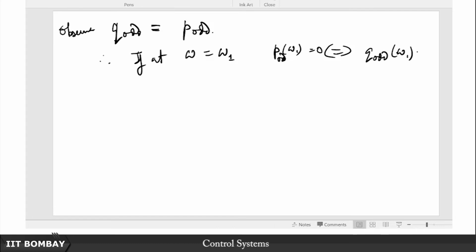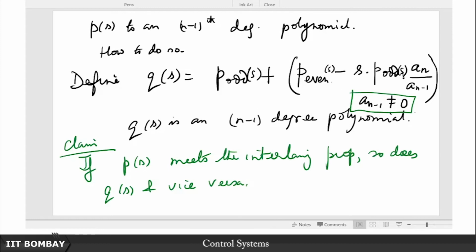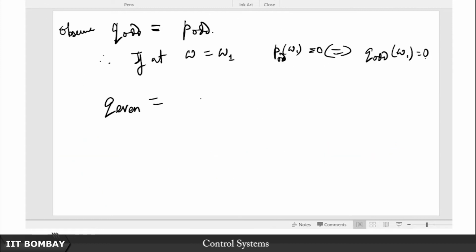So they will have exactly the same zeros or the same roots. So this is true. Now what about Q even? Q even is equal to this. There we have done some machinations.